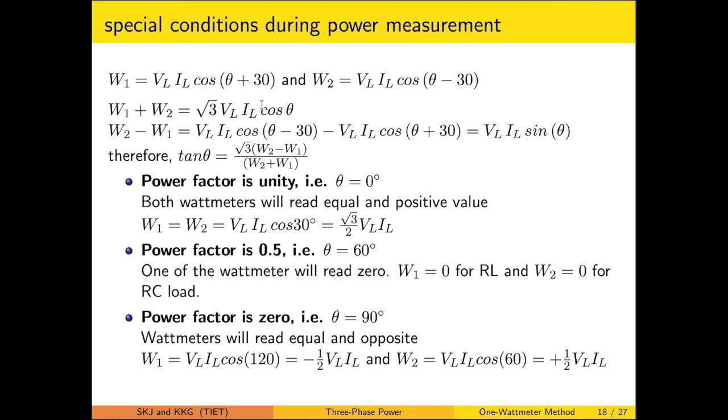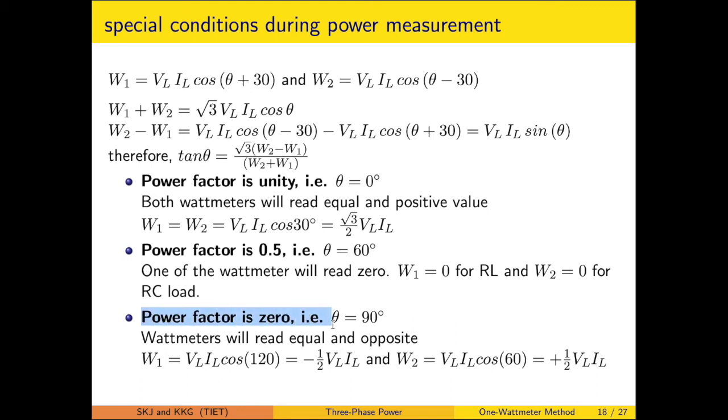When theta is positive for the RL load, W1 will be reading 0, because we have considered W1 is equal to VLIL cosine of theta plus 30 degrees. However, if it is an RC load, the theta value will be minus 60 degrees, so W2 will be reading 0. It is clear that when power factor is 0.5, one of the meters will be reading 0.